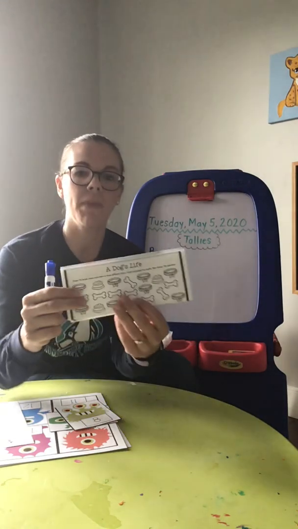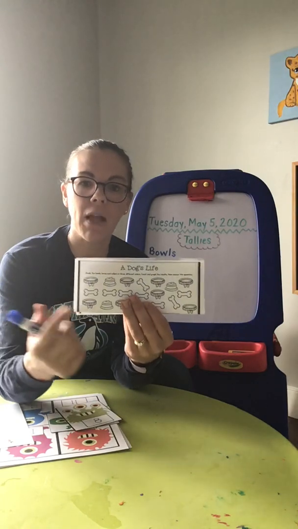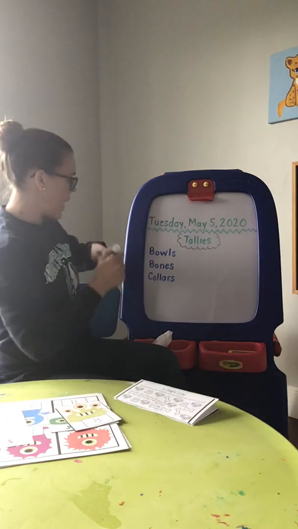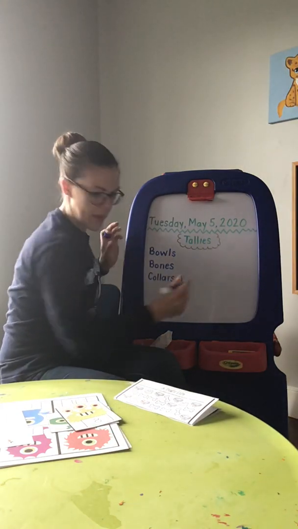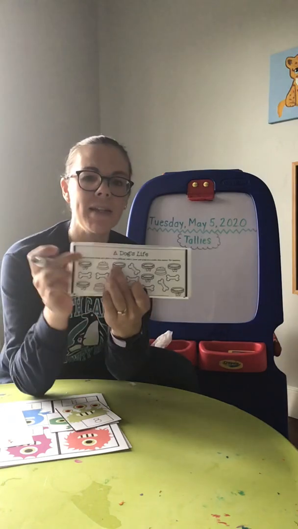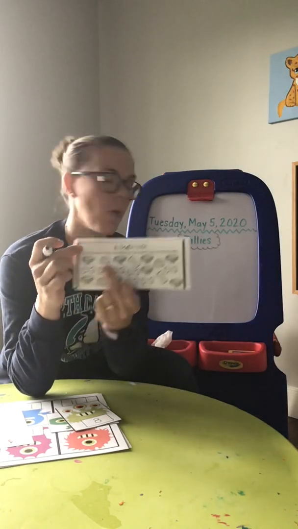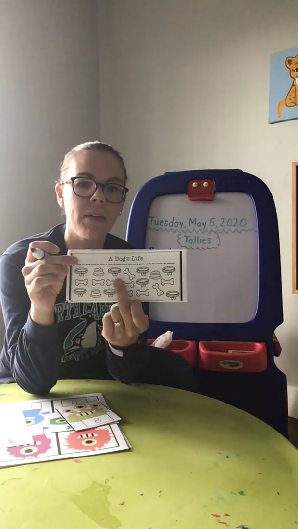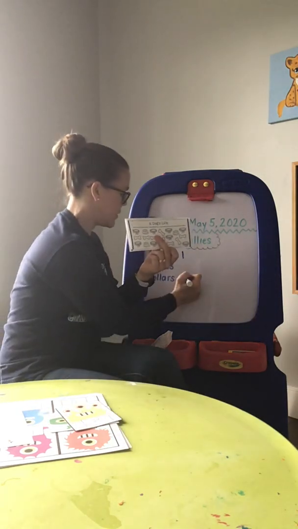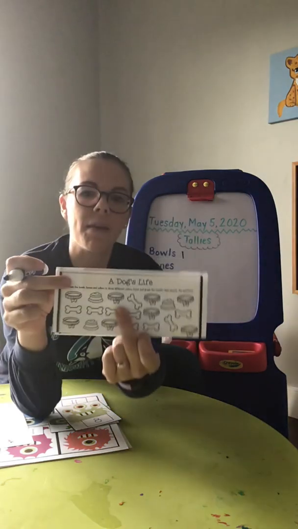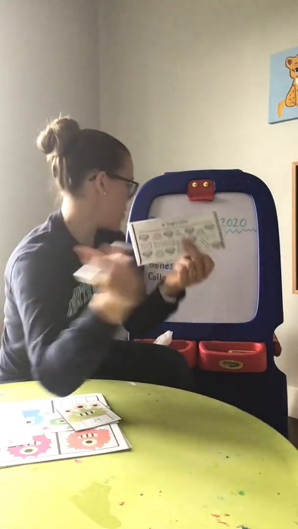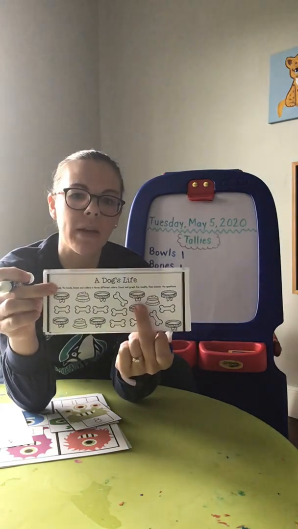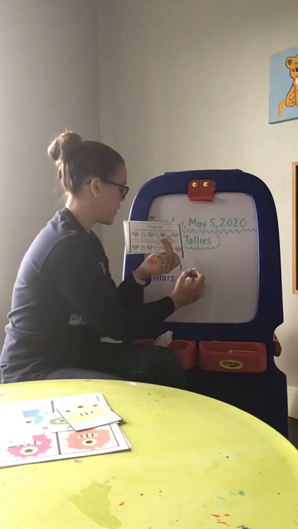So for example, I would look at my collection of items, and the first one I have here is a collar. So I would put one tally for collar, okay? And then I would look at the next thing. There's a tally for the bowl. Then I look at the next thing, and I have a tally for another collar. Then I'm going to look at the next one. There's a tally for the bone. Then I would look at the next one. There's another tally for the collar.